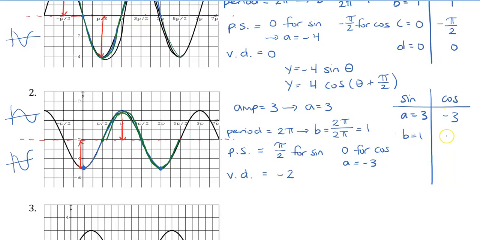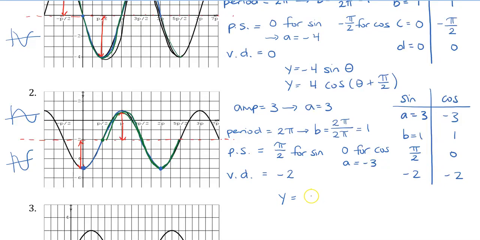B value is 1 for both sine and cos, because sine and cos does not affect the period. It's going to stay the same, it doesn't matter which function it is. We have pi over 2 for sine, 0 for cos, and then both of them are negative 2.